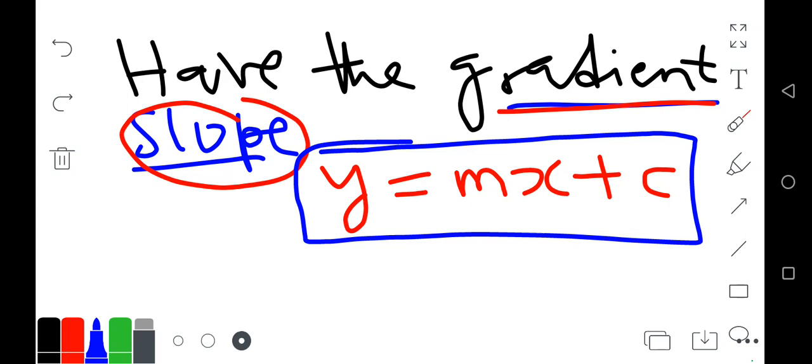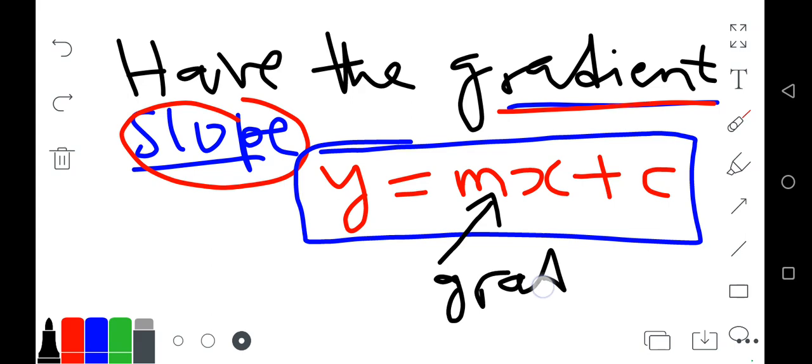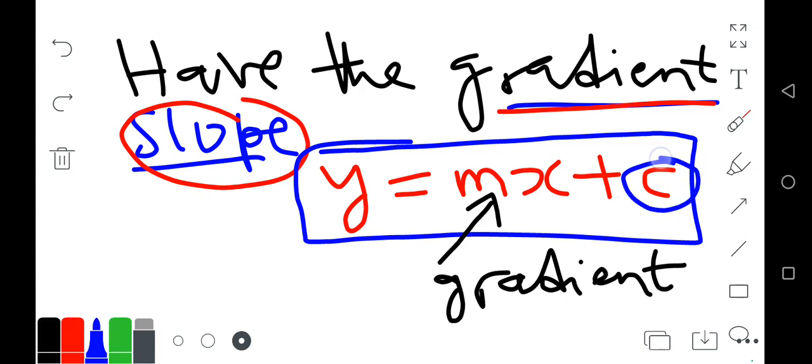In this equation, we know that m is the gradient, and c is normally called the constant.